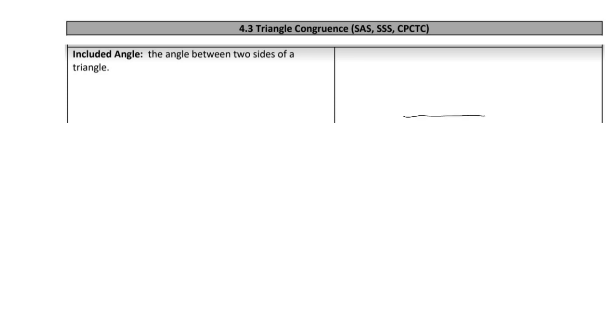An included angle could be here, here, or here. It's inside a triangle, right between this side and this side. In between those two sides is called an included angle.